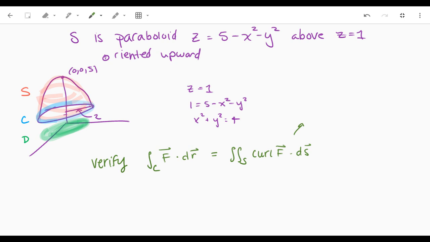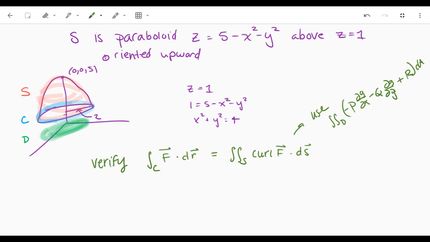So I'm going to put it here, that this would be the integral over D of negative P dg/dx minus Q dg/dy plus R dA.